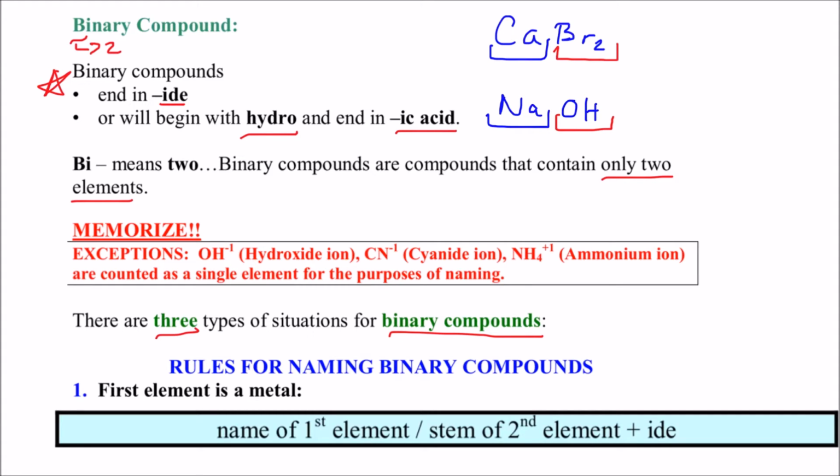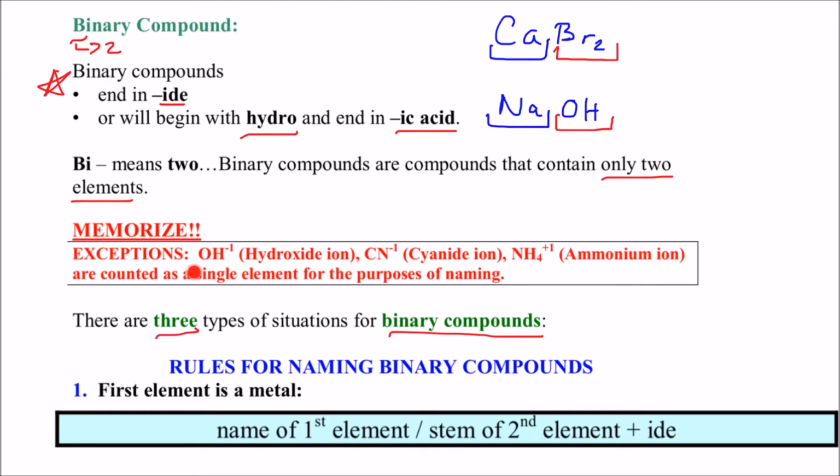Both of these are binary compounds, even though this one right here actually has 3 different elements in it rather than just the 2. So these will function as anions. They are exceptions to the rule, and you need to know them.